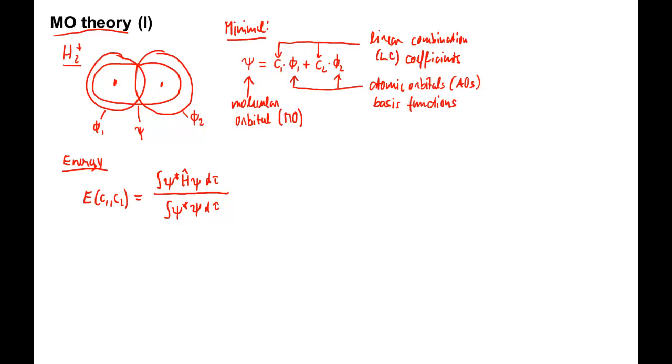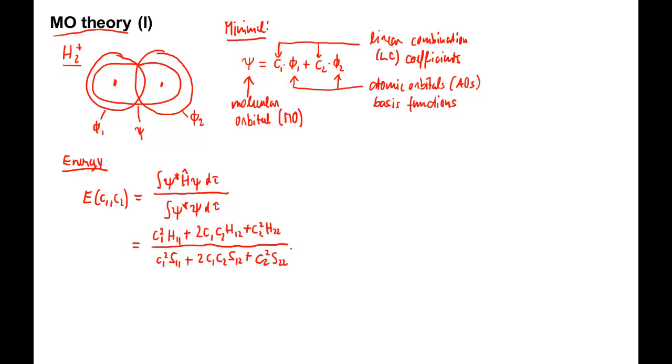Inserting the expression for the wave function, we get C1 squared h11 plus 2 C1 C2 h12 plus C2 squared h22, all divided by C1 squared S11 plus 2 C1 C2 S12 plus C2 squared S22. Here we have assumed that the coefficients are real.